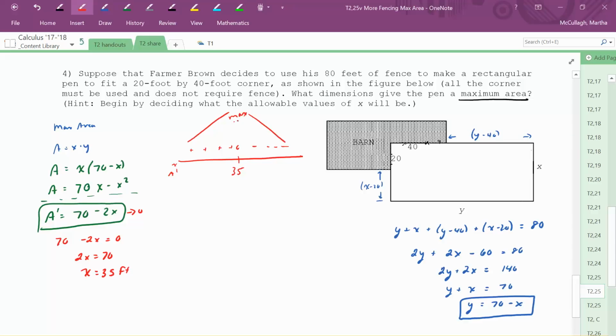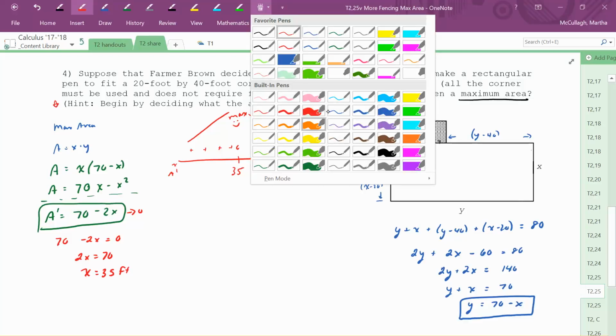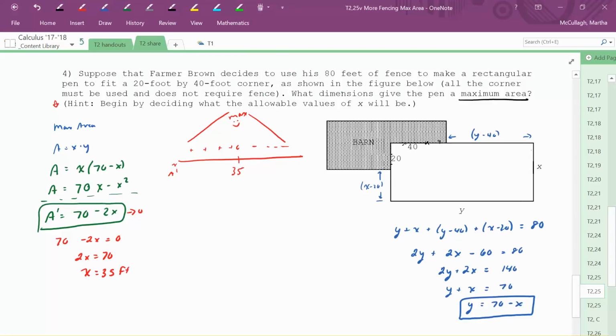That's what we're looking for. But we've got some restrictions over here. We need to make sure that we are filling in this entire side of the barn. And the problem asked us to start with the hint. I decided not to, obviously. But let's consider these restrictions now.